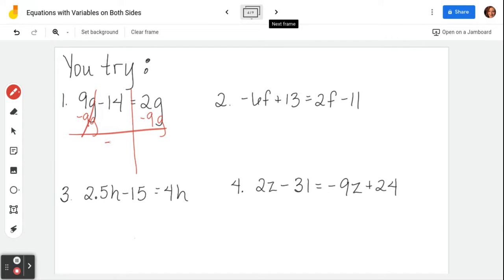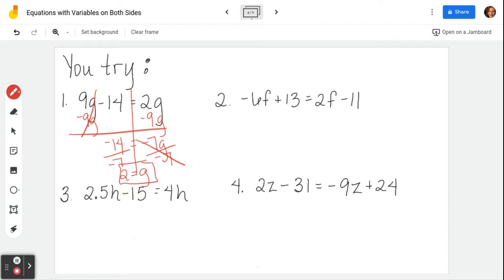Now I have a negative 14 equals negative 7g. The opposite of multiplying by negative 7 is dividing by negative 7, because remember, the ultimate goal is to get g by itself. And I end up with positive 2 equals g.